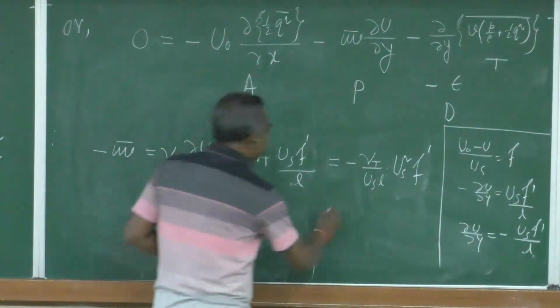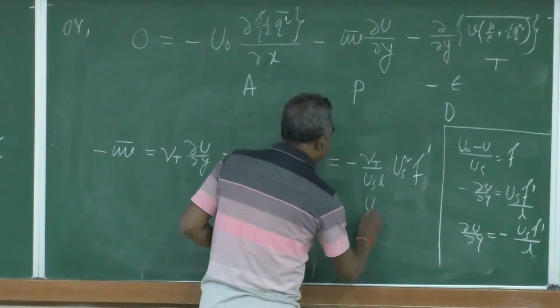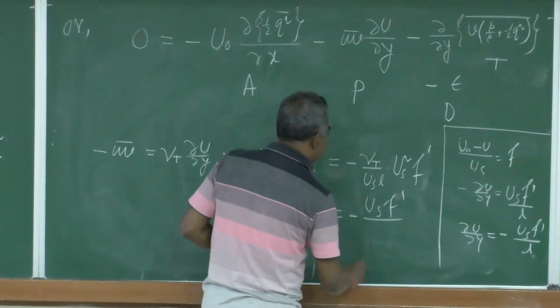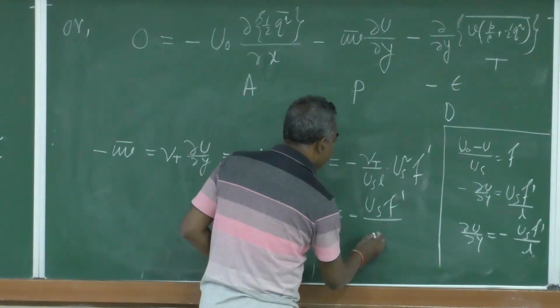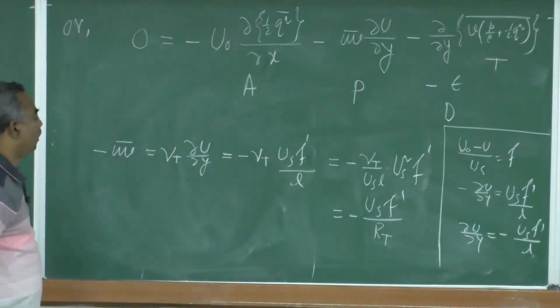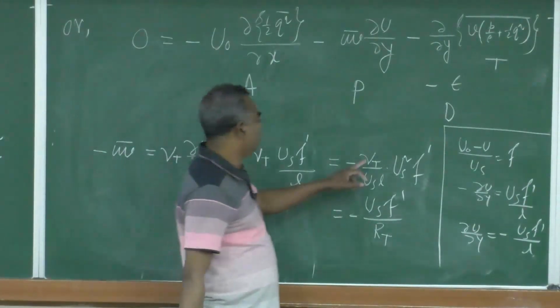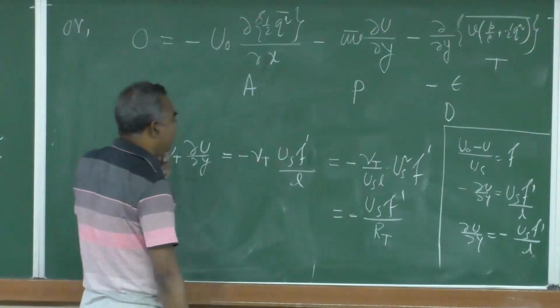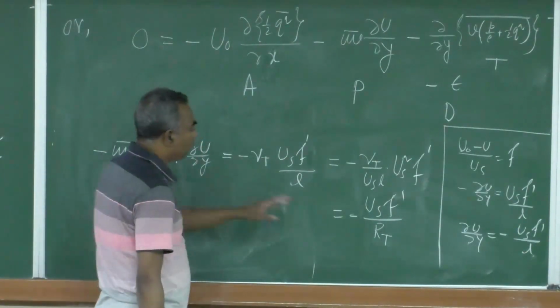So, this equals us square F prime divided by R t, right, the Reynolds number based on that eddy viscosity. So, this is what you got.